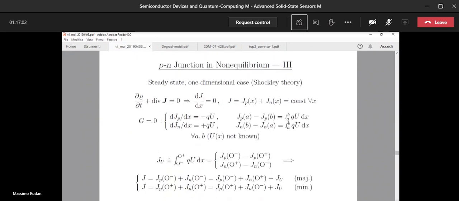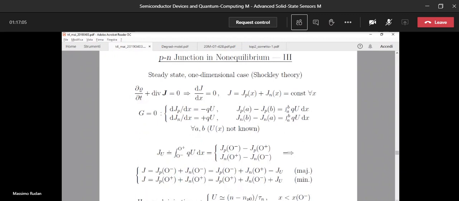And now we perform some calculations, assuming some simplifying hypothesis. First of all, we take a one-dimensional case. So the semiconductor model will be reduced to the one-dimensional form. And we also consider the steady state condition. So there are no dependencies on time.